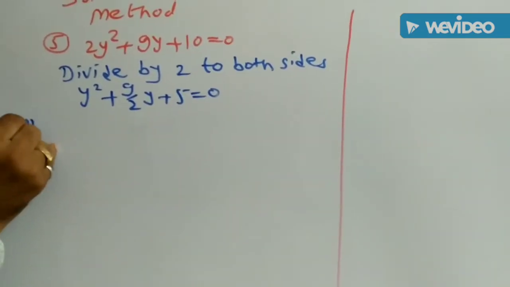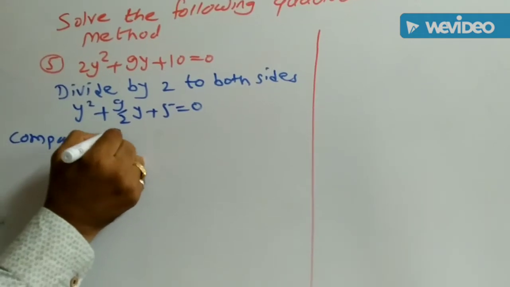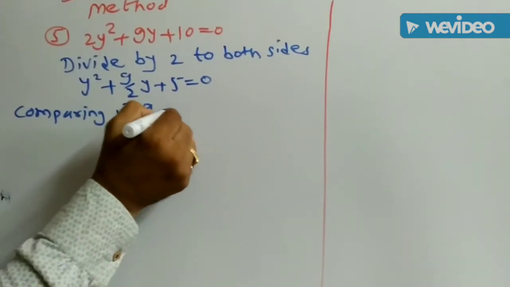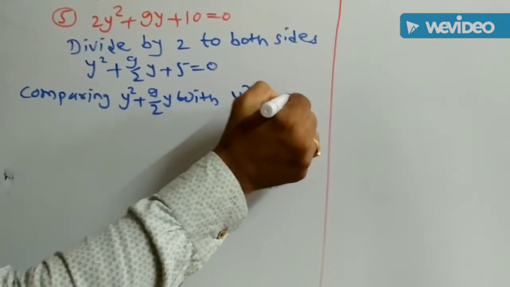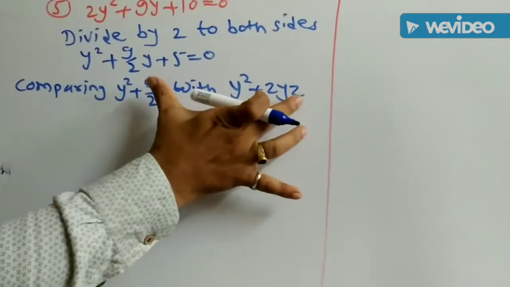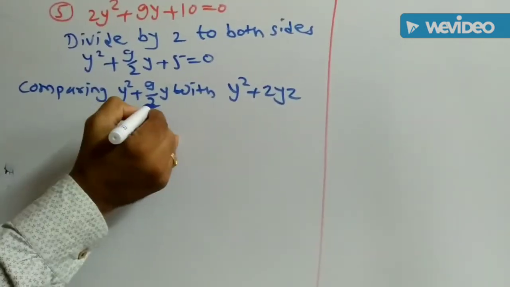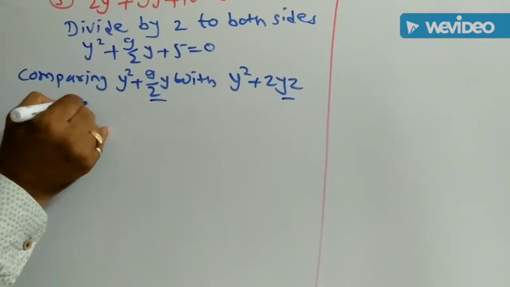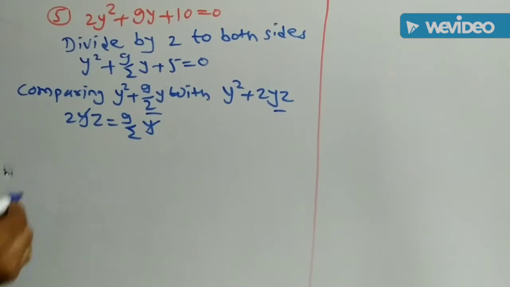Now to find the third term, compare the first two terms of the LHS, that is y square plus 9 upon 2y, with y square plus 2yz. Here I write plus because the middle term is plus, and z because the next alphabet after y is z. Now compare the last two terms. 2yz is equal to 9 upon 2y. y gets cancelled.